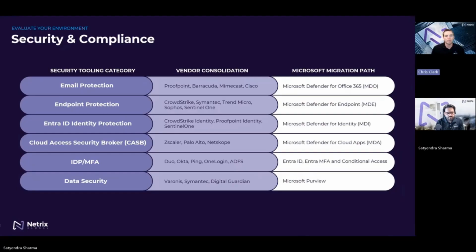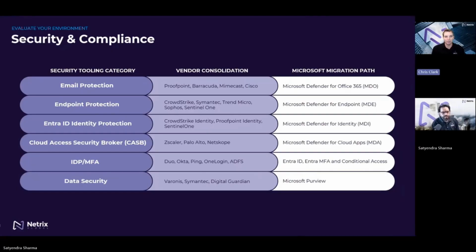So when we say Microsoft 365 E5 has Defender XDR in it, Defender XDR is made up of Defender for Office 365, Defender for Endpoint, Defender for Identity, Defender for Cloud Apps, and even advanced Entra ID P2 identity features. So that's just on the security side, and then also you have Microsoft Purview E5 features as well. So each one of these, from a more simplistic view, maps to a tooling category, and is a good way to look at it.